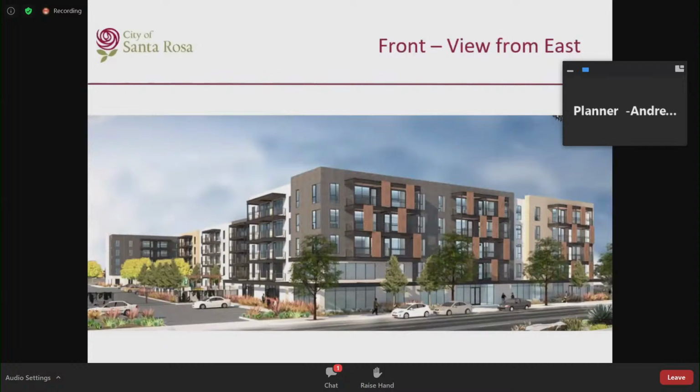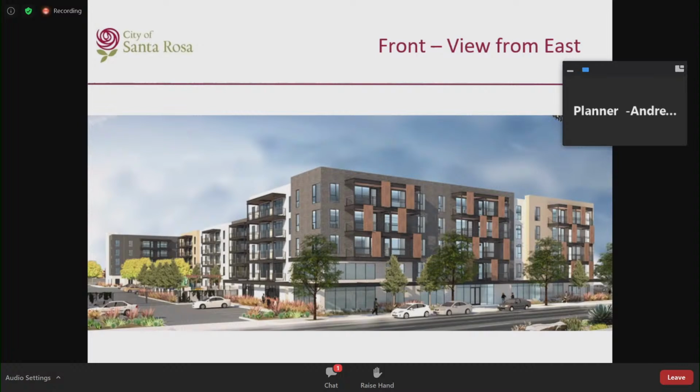So then this is the front of the project with a view from the east. At the ground level, we do see that the design of the project reflects more of a commercial use, although these spaces would be private spaces solely for use of the project. Arranged along the front are included the indoor community amenity spaces, office leasing spaces, as well as bicycle storage. And then the project moves back into the depth of the site, as well as up higher for a total of 5 stories.